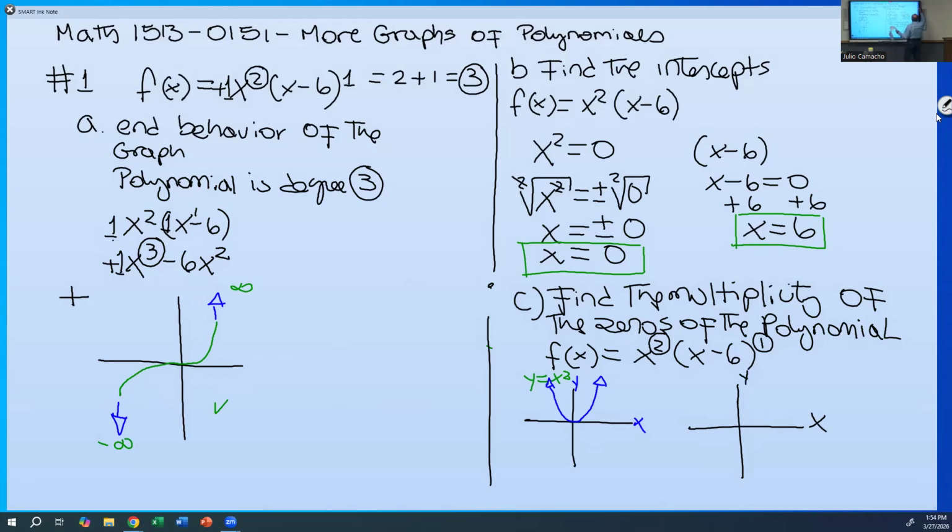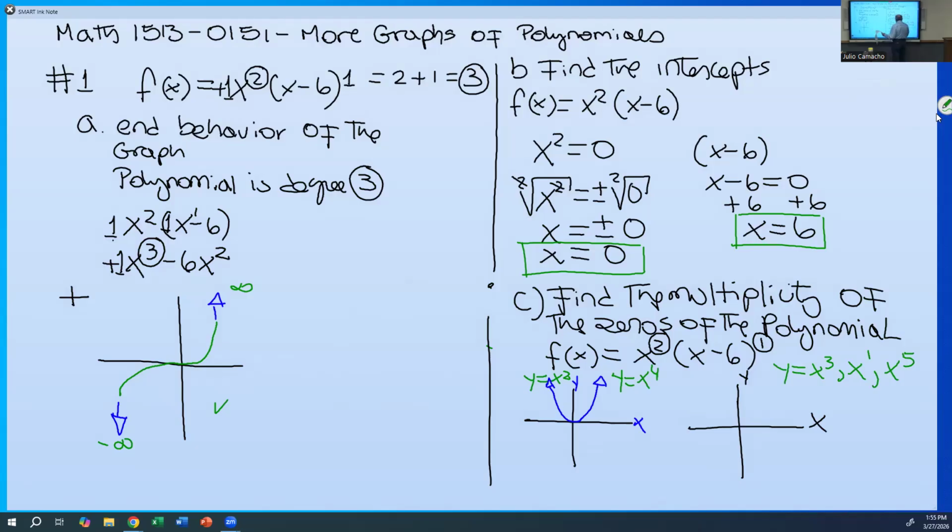And I will give you an example of an odd function, no? y is equal to x cubed, or x to the 1, or x to the 5. All these are odd, no? And the even will be y is equal to x to the 4, for example.